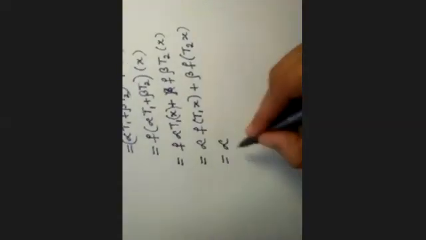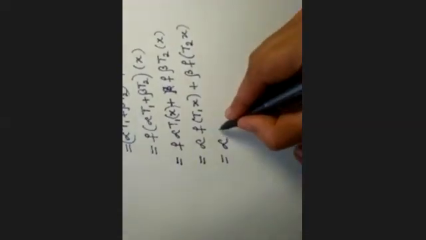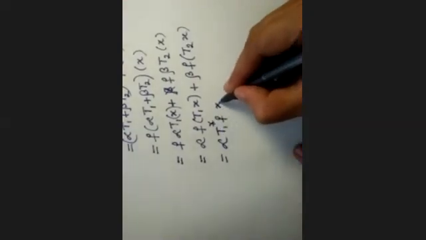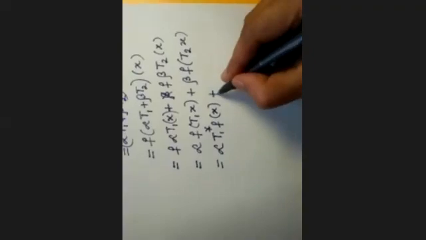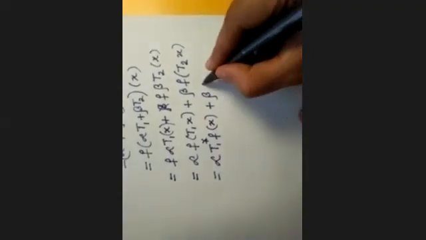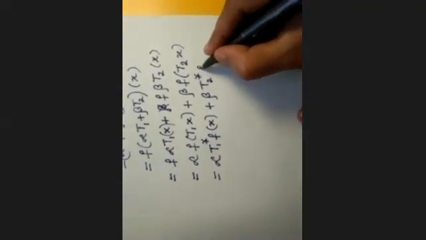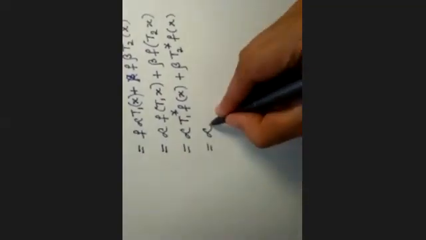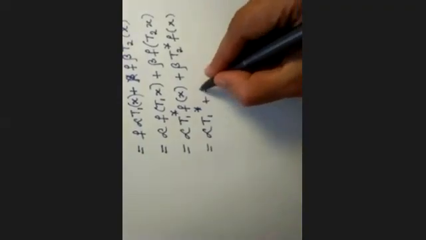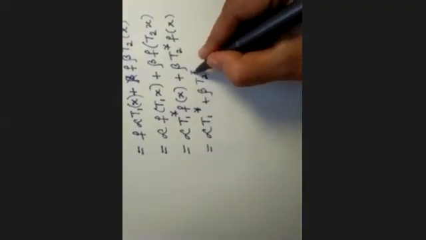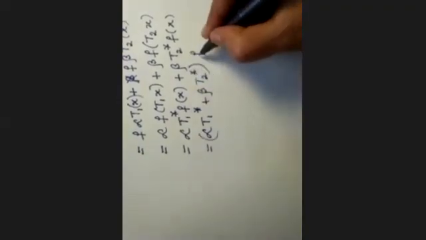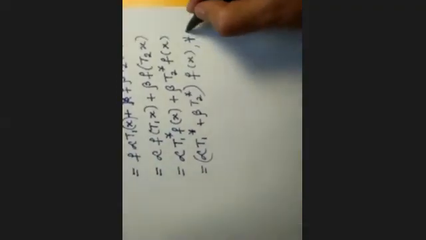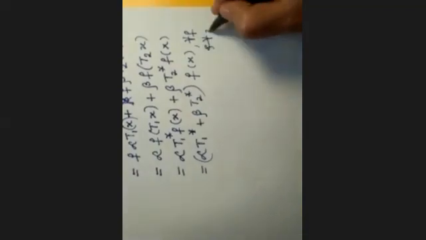And that is nothing but alpha, f of T1 x is nothing but T1 star of f of x, and beta outside, T2 star of f of x. Now what is common with right outside? So (alpha T1 star plus beta T2 star), bracket for this, f of x. This happens for all f and for all x.